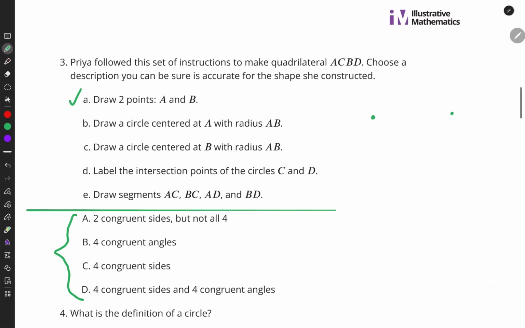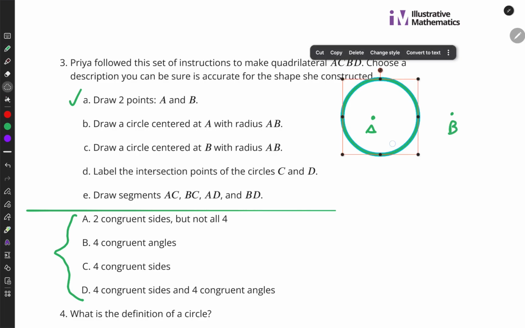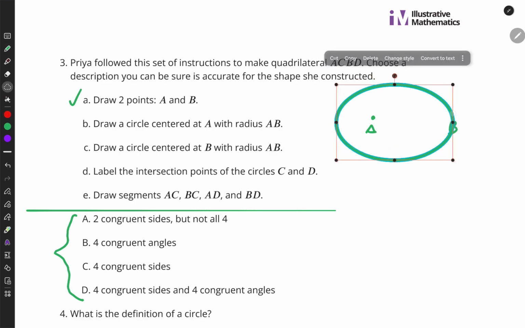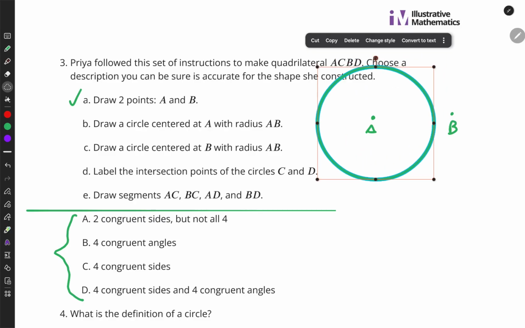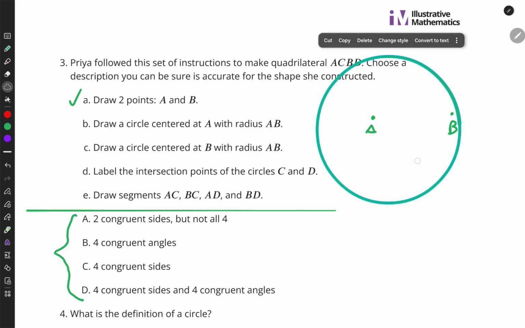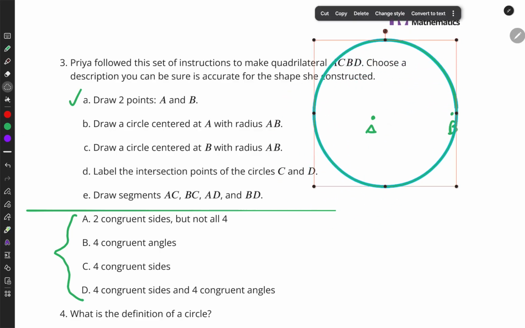She drew a circle centered at A with a radius AB. Actually, I should have labeled that AB. And this radius has to be AB, so let's make this a little bigger. Sure. That looks like it has about a radius AB, right?